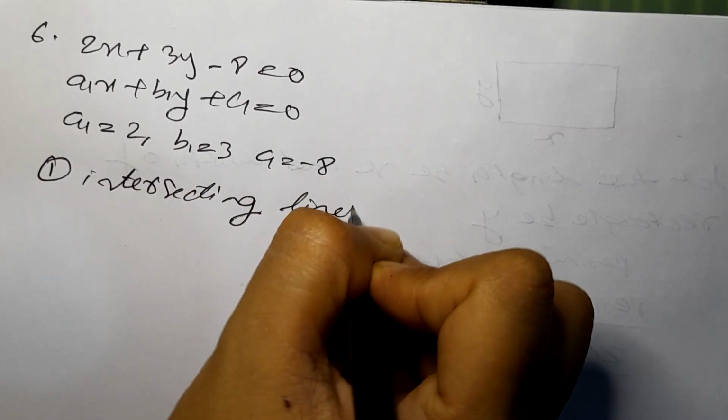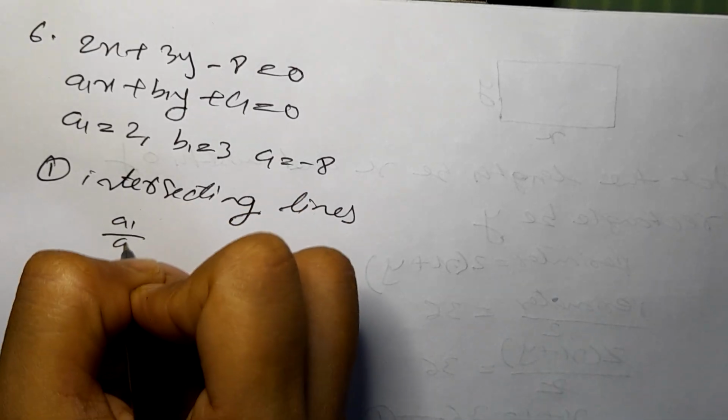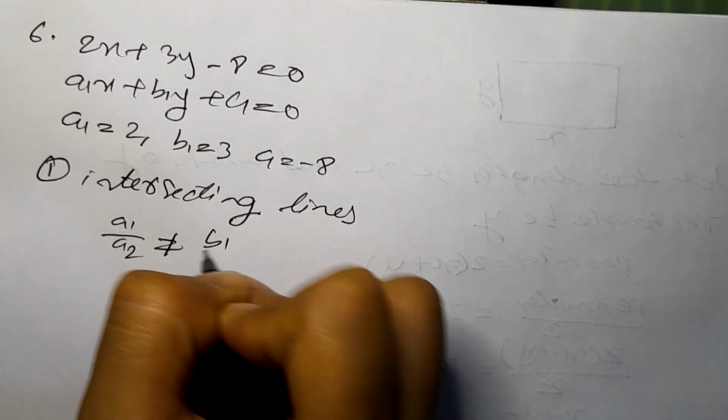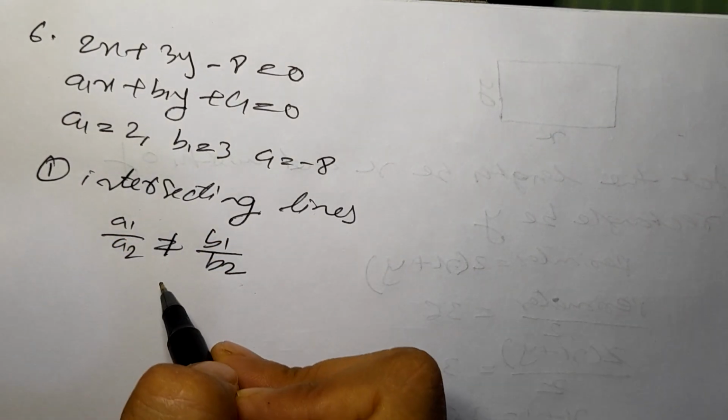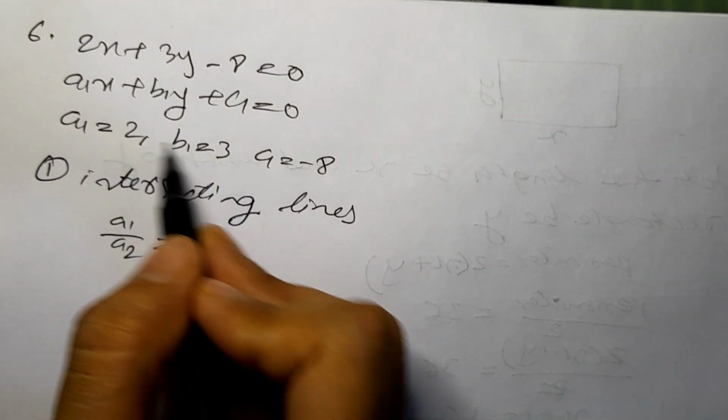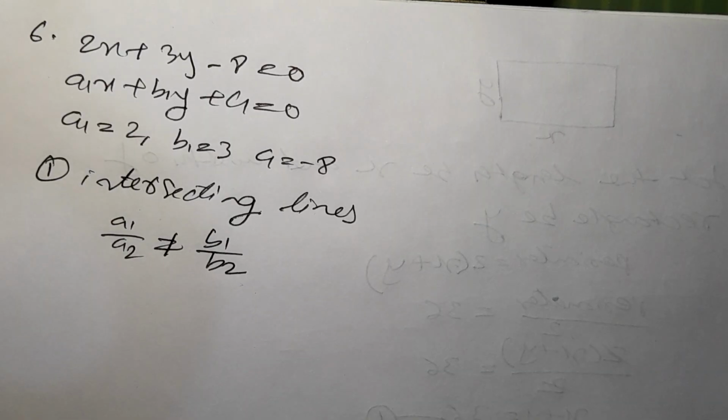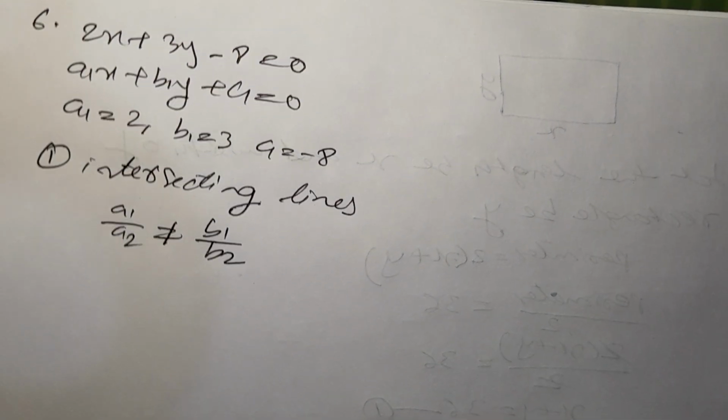First, intersecting lines. What is the condition? a1 by a2 does not equal b1 by b2. Choose the numbers in such a way that after cancelling, these two numbers are not the same. So I can take any number.